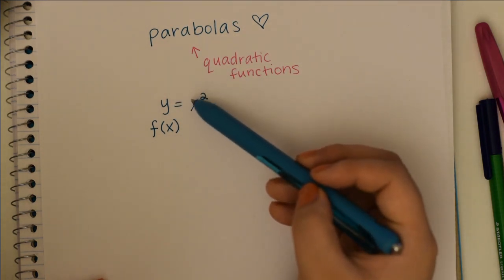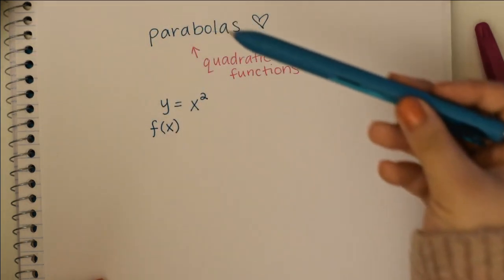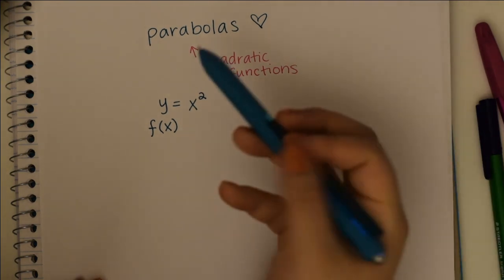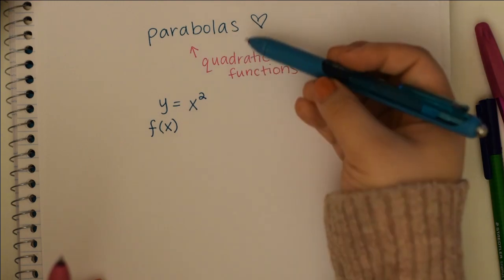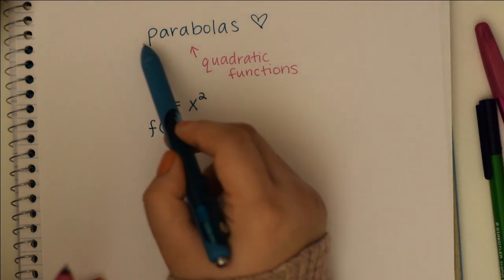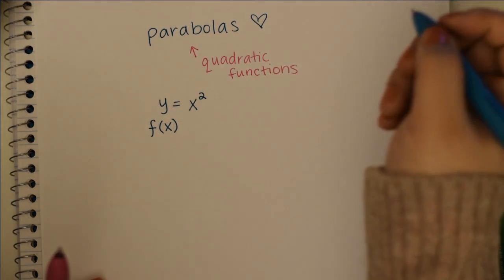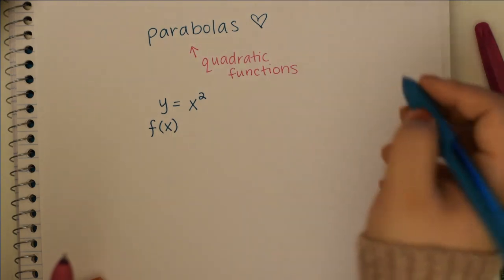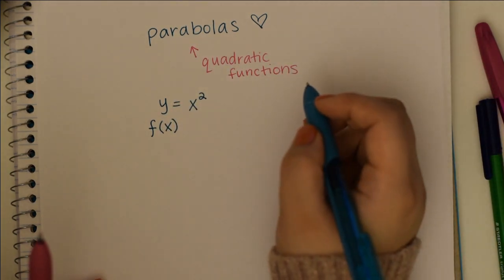So it's like a set of instructions for what to do with my input to get a corresponding output, okay? So in order to graph this, which you probably have already learned, if you've already learned lines and stuff by the time you learn about parabolas, you've probably worked with linear equations already. But what you do is you can pair up your inputs and outputs to find some points on your graph.